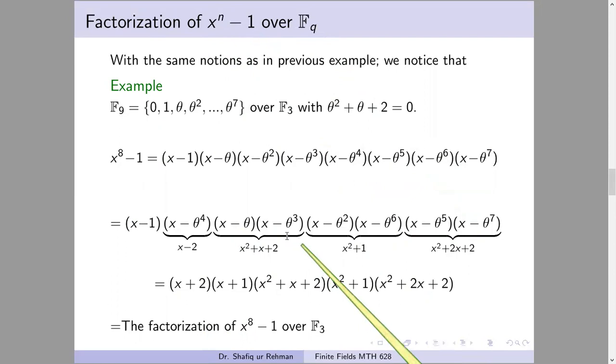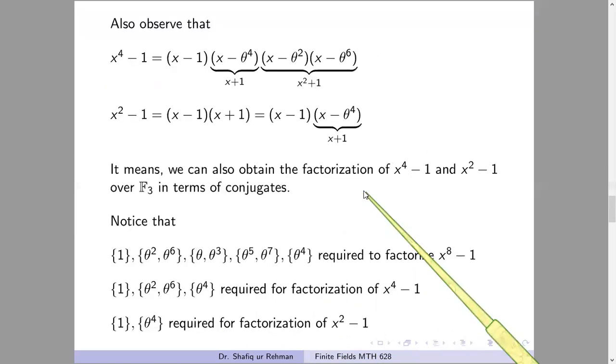You observe that whenever we decompose the polynomial into linear factors and then rearrange them on the basis of their conjugates, we get factors over the field F3 with coefficients inside the field, and these are all irreducible polynomials because we know that minimal polynomials are irreducible. Now let us move to other slides.